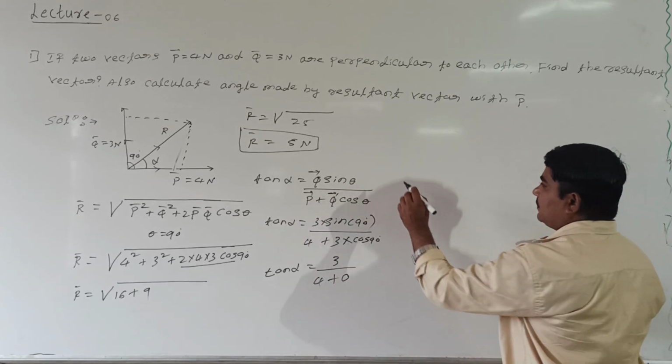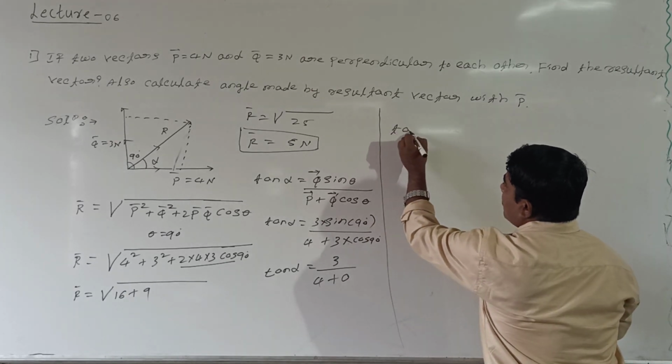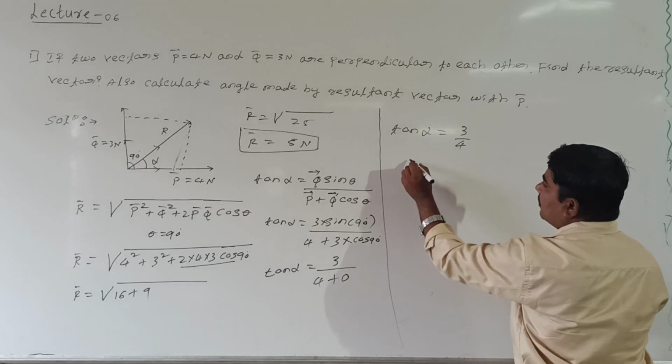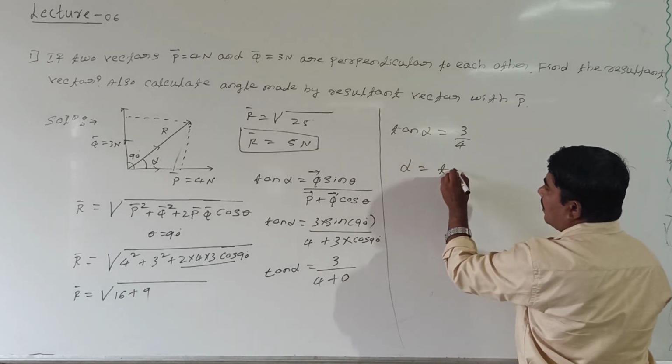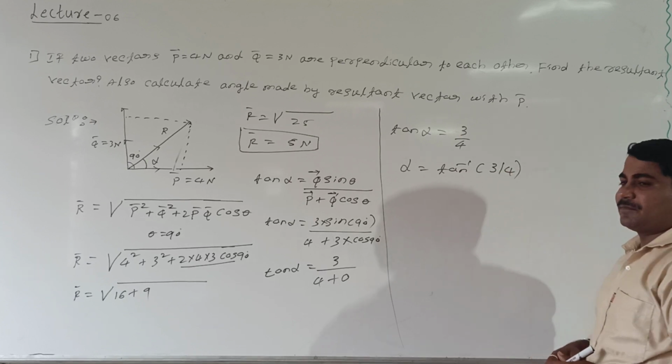Then what we got is tan alpha equal to 3 divided by 4. So alpha equal to tan inverse of 3 by 4.